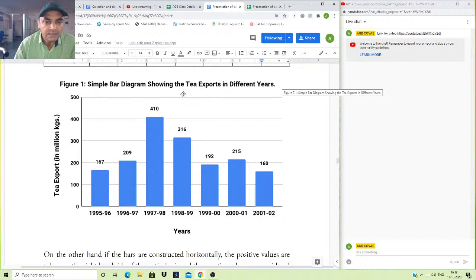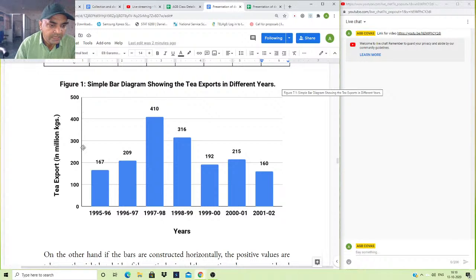It gives us the context in which this diagram has been made. Simply by seeing the title, you can understand that this diagram is showing tea export.